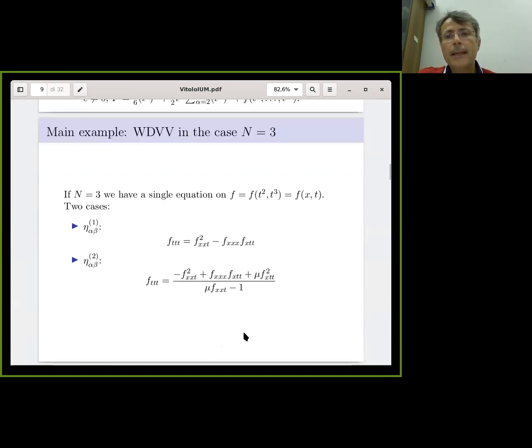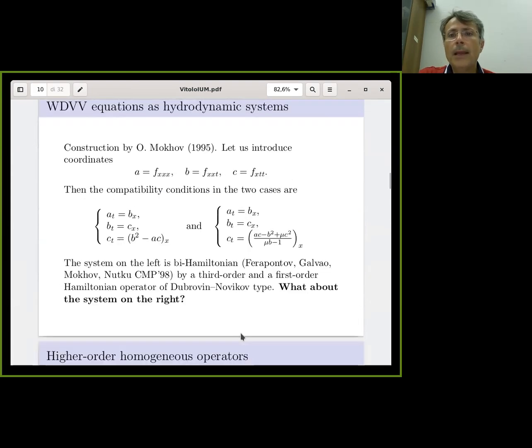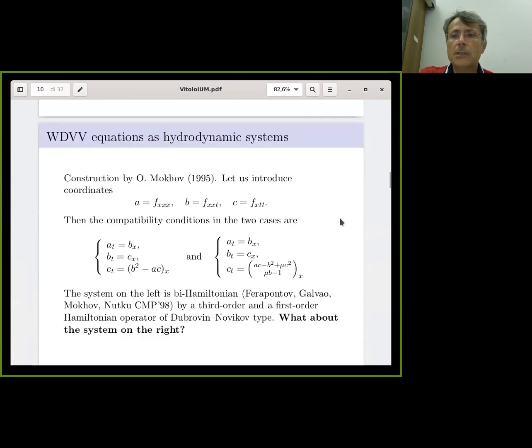And what happens to these equations? Now we introduce a trick, or rather, it's not a trick, it's a construction by Alek Mokhov in 95. He introduced three new coordinates, which are A, B, and C, with the feature that each of them contains at least one x derivative.